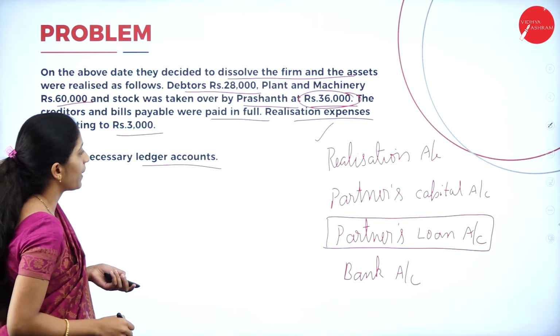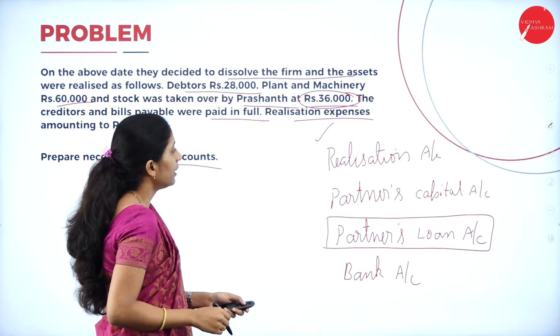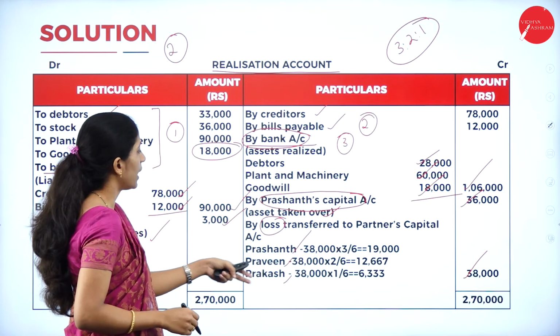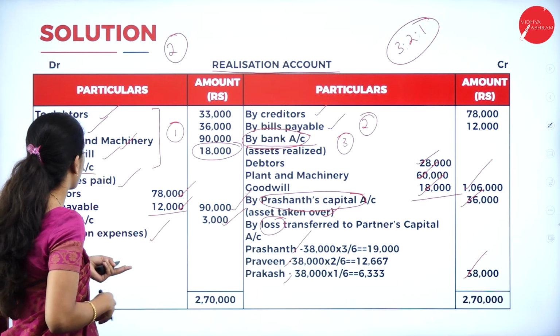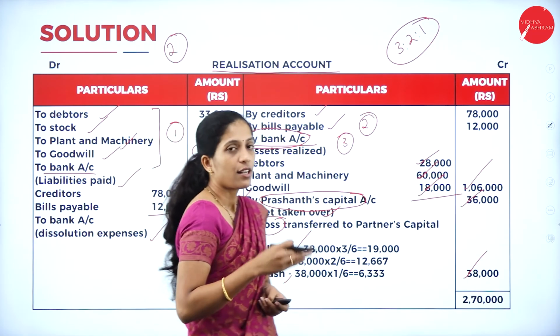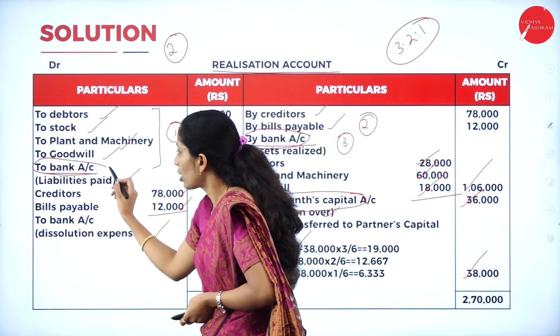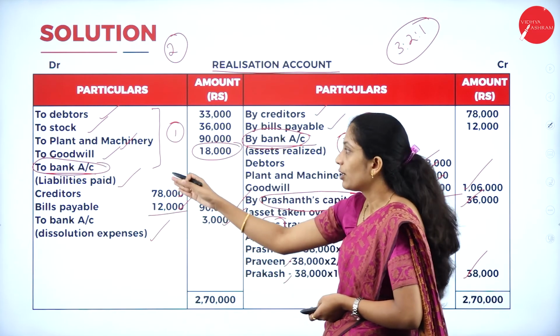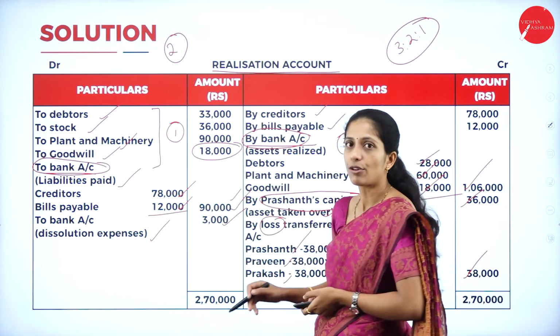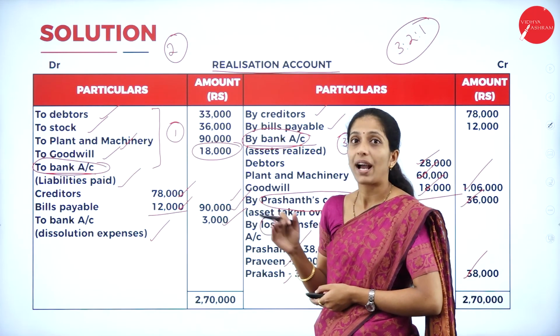Now, go through the next one. Here under realization account, there is no other amount which has been transferred to bank account. Now, come to the debit side. On the debit side, here we have an amount for expenses or liabilities paid. To bank account, how much? 90,000. So, how do you record in your bank account?